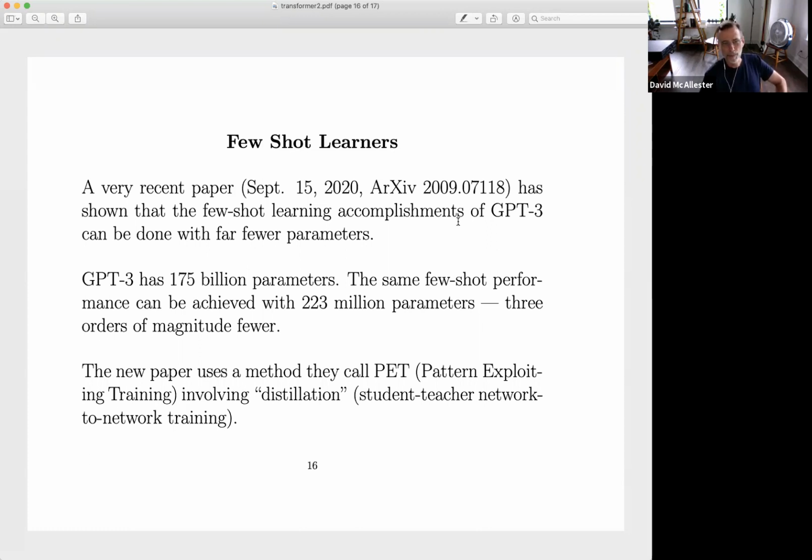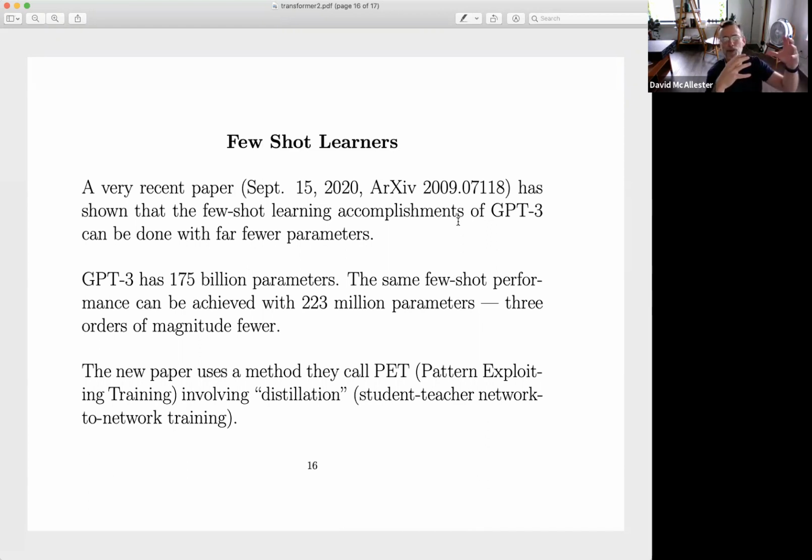And they take this 223 million parameter model, and they demonstrate that you can get the same effectiveness of this few shot learning using other tricks, using something called distillation. And hopefully we'll get a chance to talk about distillation. Distillation is when you train one model, and then you train another model to replicate the first model.